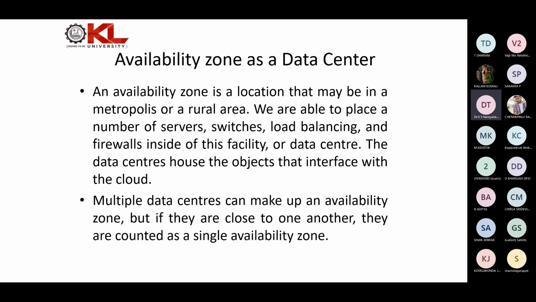Multiple data centers can make up an availability zone, but if they are close to one another, they are counted as a single availability zone. So the availability zones are in metropolitan cities and rural areas, which we can call local servers, consisting of a number of servers, switches, and load balancing tools.